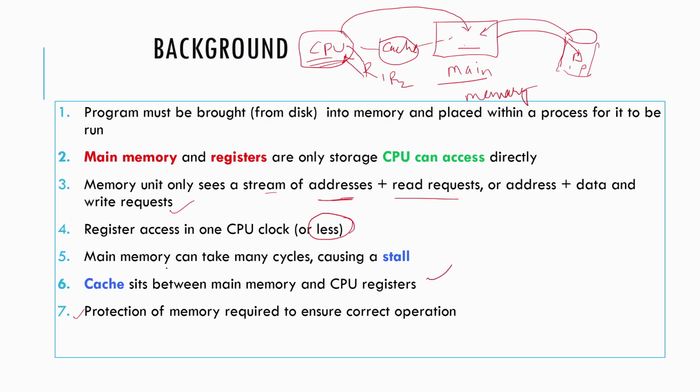And protection of the memory is required to ensure correct operation. Protection is very important. For that we are going to have very good discussions, so that we can understand what protection is. In the beginning, when operating systems were built, the memory that we call the RAM was called a bare machine.